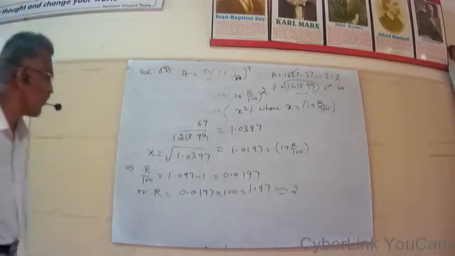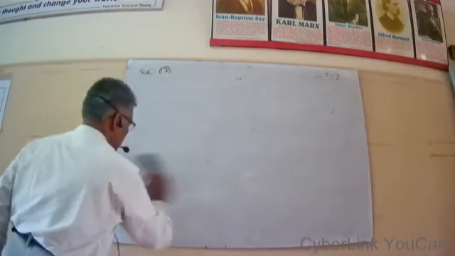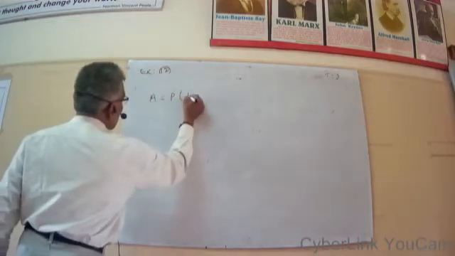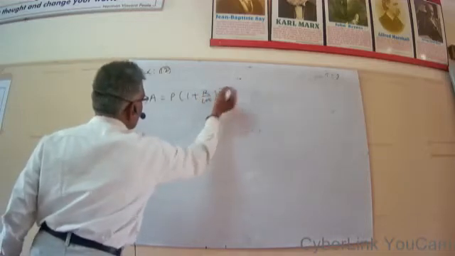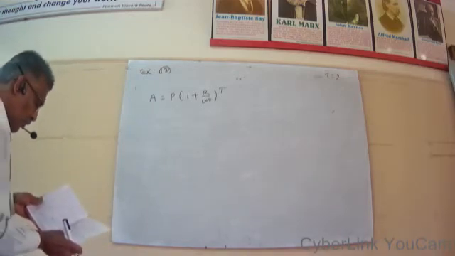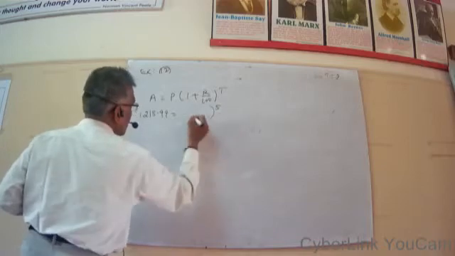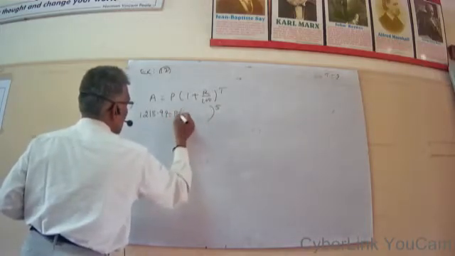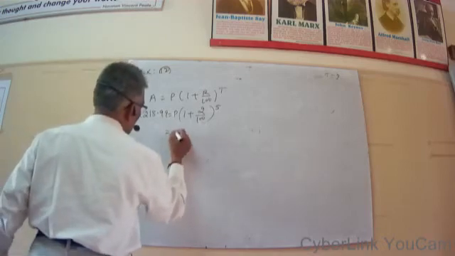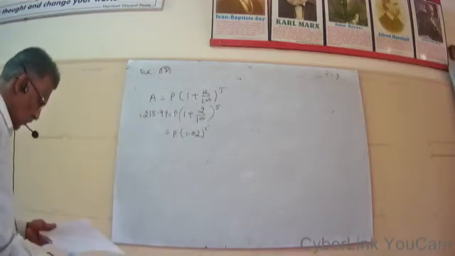Apply the rule A equal to P into 1 plus R upon 100 raised to T. A sum of money invested at compound interest amounts to 1218.99 after 5 years. So this is P into 1.02 raised to 5.